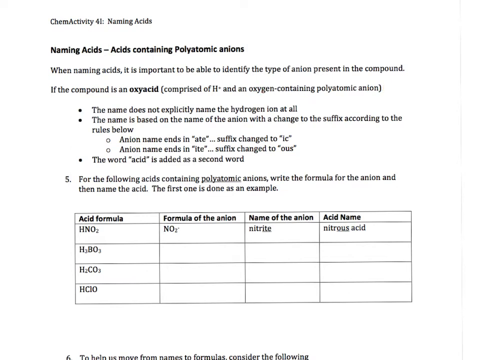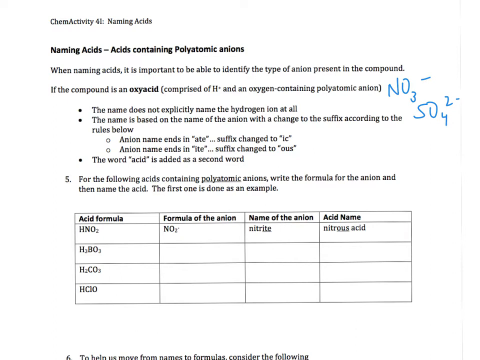So for example, something like NO3 minus is an oxygen-containing polyatomic anion. Something like SO4 2 minus, sulfate, is an oxygen-containing polyatomic anion. So if we combine these with H+, we're going to get what are called oxyacids.